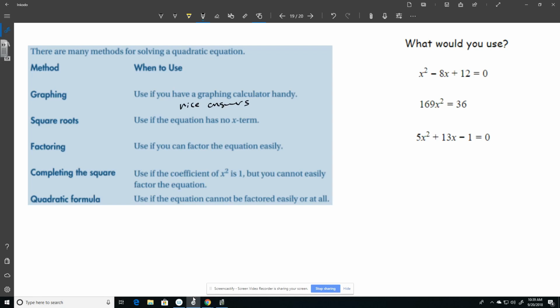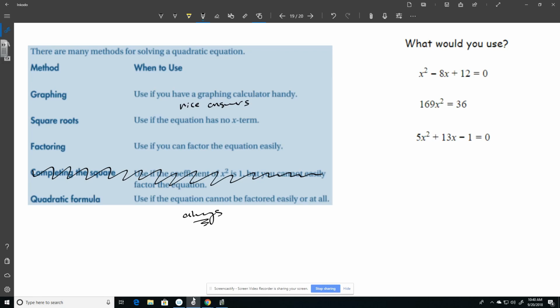If it factors easily, if you know how to factor it, then that's a method you can use. Completing the square, we're not going to talk about that this year, at least not yet. The quadratic formula is what we just did today, and that always works. You can pretty much always use the quadratic formula. So you choose which method is going to work best for you.